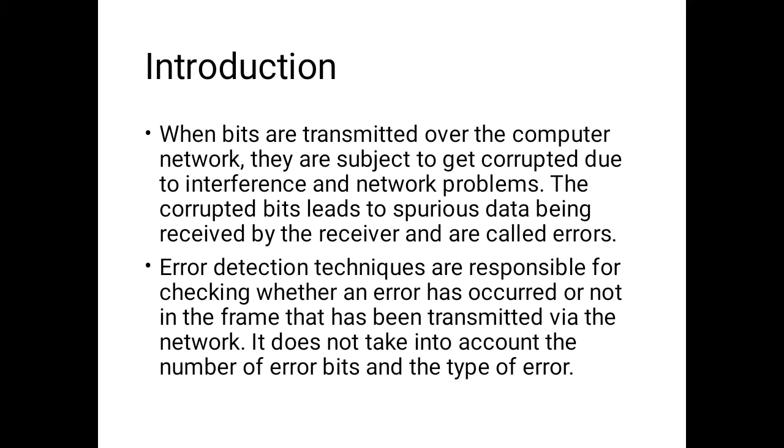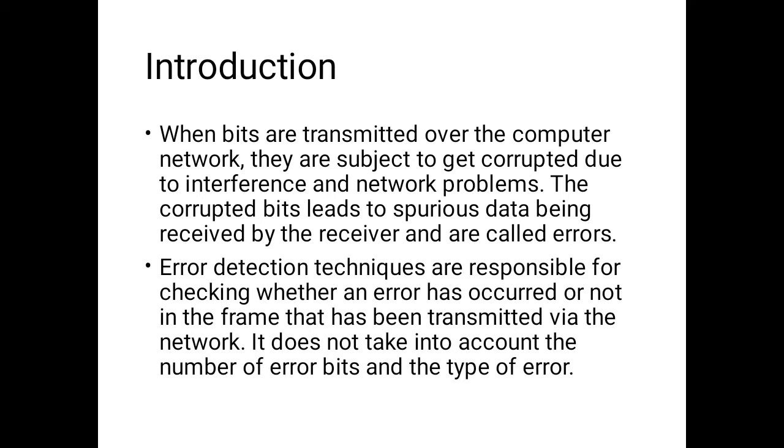Error detection techniques are responsible for checking whether an error has occurred or not in the frame that has been transmitted through the network. It does not take into account the number of error bits and type of error. In this paragraph, what is it trying to explain? In the first paragraph, it defined what an error is.